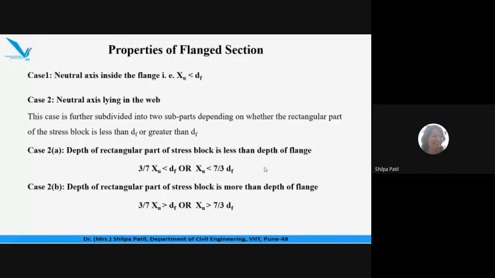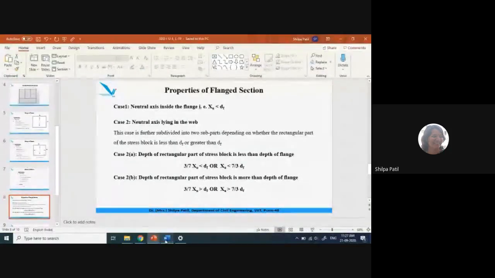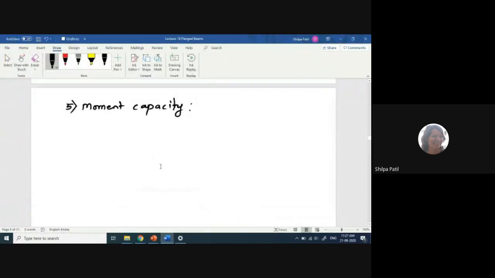Now, how to consider case 1? Always how to keep the Xu within the flange, that we will see now when we solve the problem further. Is it clear to everybody the concept of flanged beam? So how the calculation part becomes complicated? Is it clear to everybody?